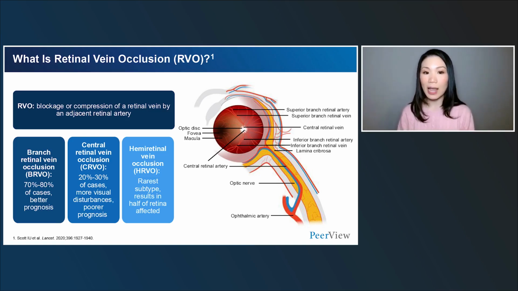The most rare type is the hemiretinal vein occlusion, and you'll know it right away because the hemorrhages will respect the horizontal meridian really linearly across the eye. So if you ever see hemorrhages in either the inferior or superior half of the retina and it doesn't seem to cross this invisible line, you'll know for sure that you've encountered hemiretinal vein occlusion.